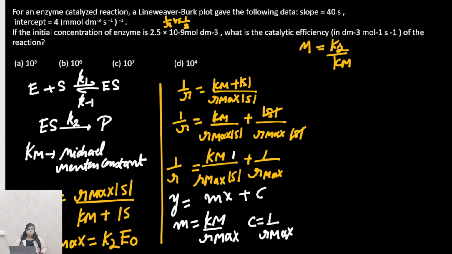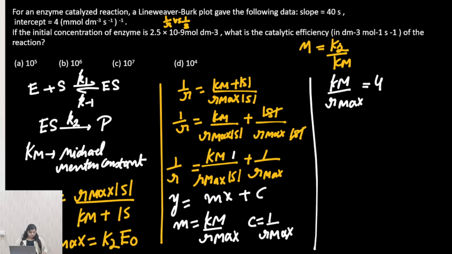These values are given to us, and we have to find the efficiency. So Km upon R max, which is the slope value, is given to us as 40 seconds, right? Now Km upon R max we can write as K2 into E naught, equal to 40 seconds, right?